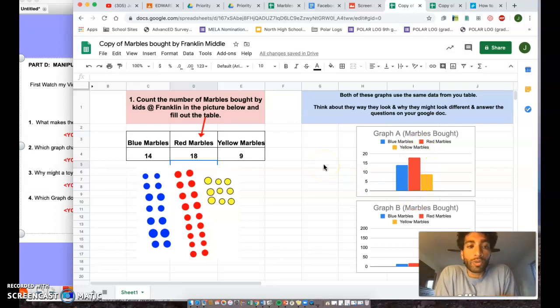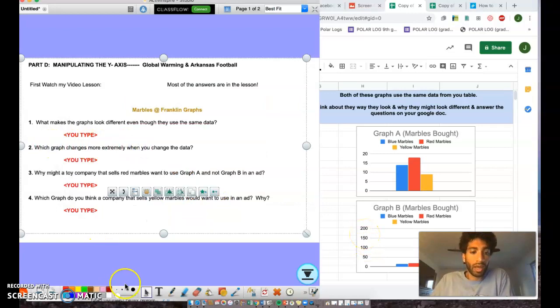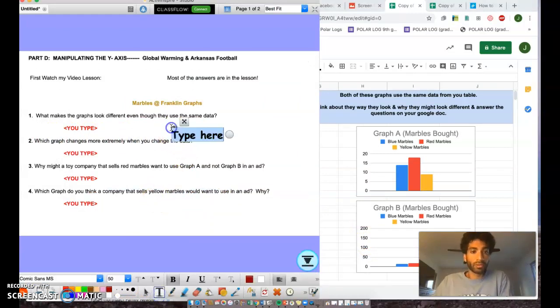And that leads me to the first question. Even though these two graphs use the same data, why do you think they look so much different? Well, there's only one key difference I can see, and that's on the y-axis. We call it scaling. Graph A's y-axis only goes up to 20, while graph B's y-axis goes up to 200. So if you go here, I'll actually type in some answers for you.